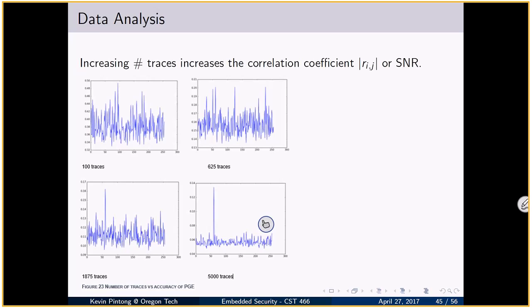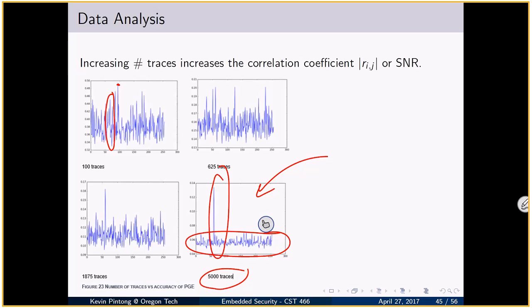So let's see here. As you increase the number of traces, you have to collect more traces, but you get a much better difference between the incorrect and correct values. When we move to, let's say, 100 traces, you no longer get the correct value on top.